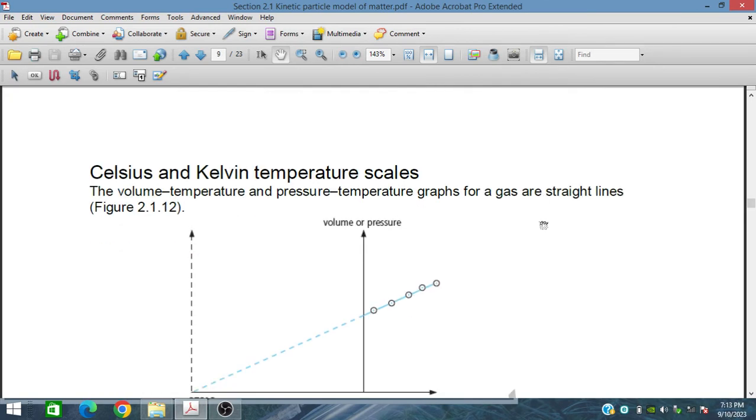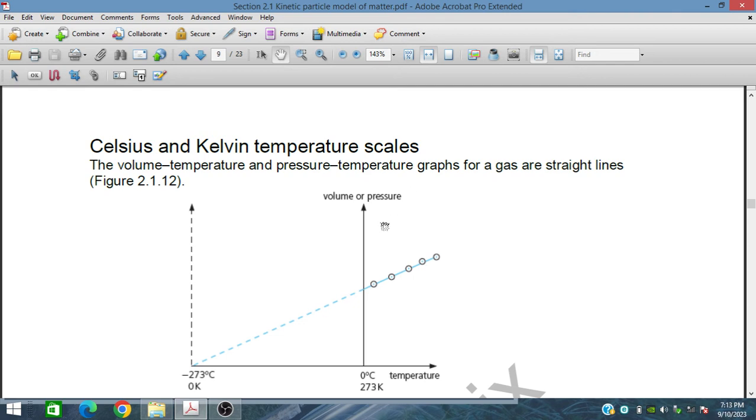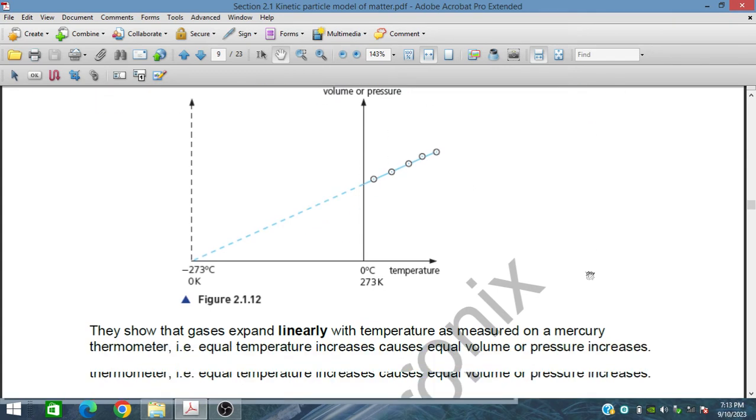Now, the Celsius and Kelvin temperature scales. This graph shows volume against temperature and pressure against temperature. These two graphs are plotted on the same axes: on the x-axis we have temperature, and on the y-axis we have volume or pressure. The graphs are straight lines.